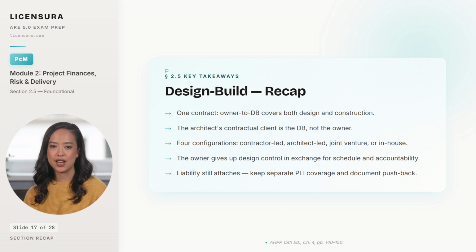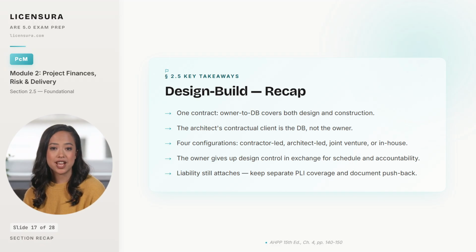Third, there are four common configurations: contractor-led DB, architect-led DB, joint venture, and in-house design. And they assign the construction risk very differently, so know which one you are entering before you sign. Fourth, the owner is trading design control for schedule speed and single source accountability, which is exactly why public agencies and developers on tight timelines reach for DB.